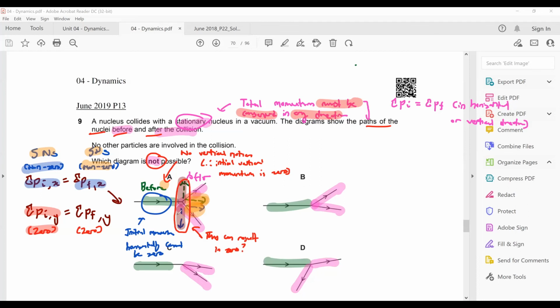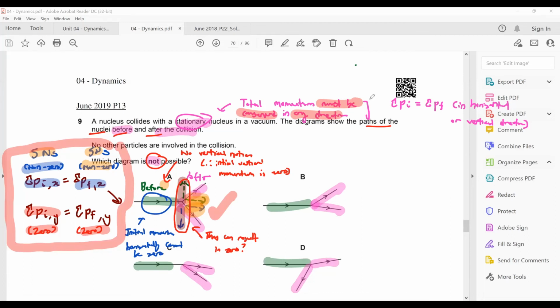Because they are acting in opposite directions, they can result in zero, right? So in turn, this could mean that my momentum vertically is conserved. Correct? Yes. Okay. So this diagram is possible because it's telling me that momentum in the horizontal and vertical direction can be conserved.